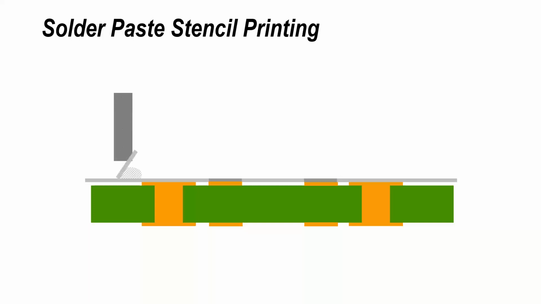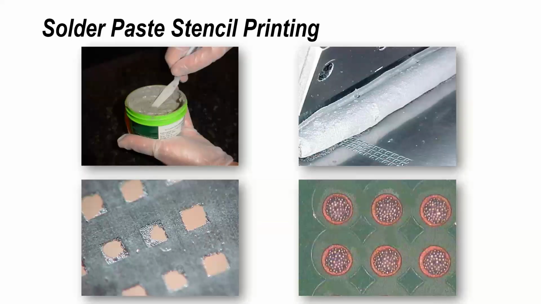So there's a variety of different stencil materials, and each engineer has to decide which stencil material is appropriate for his particular application. We then take the solder paste and we print it across the surface, and we use a squeegee blade to achieve this. So slowly we're drawing the blade across the surface to produce the print. Now the solder paste material is obviously available from lots of different manufacturers, and I have to say, in my experience, that the quality and consistency of solder paste today is pretty good.